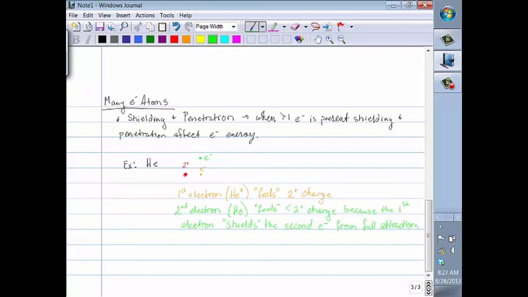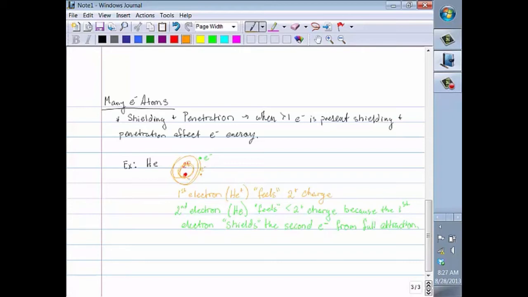So the first electron is kind of like a force field, right? Or you can think of it, the true explanation is that this first electron is in the 1s orbital, right? And I'm scribbling to represent that orbital. If you have a spherical distribution of a -1 charge, you can treat that as a -1 charge at the point in the center, right?